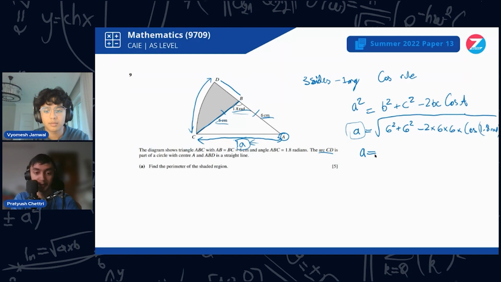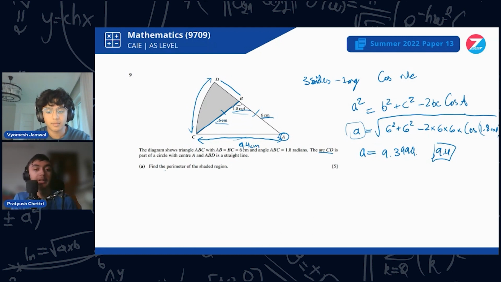Remember, you've got to be in radians mode because the angle is in radians. A comes out to be 9.3999. Well, I guess that's just 9.4 then. Close enough. Okay, so this side is 9.4 cm.